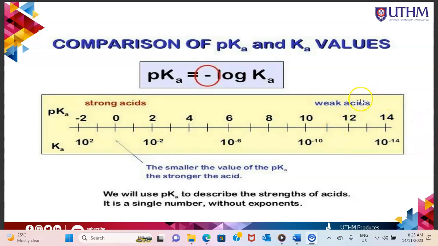And for a weak acid, a pKa of 14, we will have a Ka of 10 to the power of -14. So the smaller the value of pKa, the stronger the acid is. So we will use pKa to describe the strength of an acid. It is a single number without the exponential.